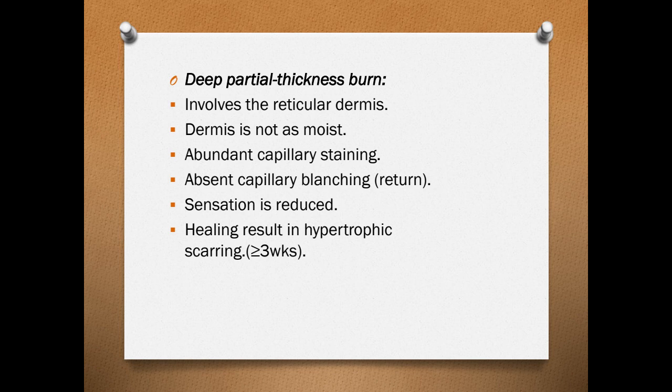And there is abnormal capillary staining due to thrombosis of blood inside the capillaries. Absent capillary blanching for the same reason, because the blood in the capillaries gets thrombosed, and that is why there is absence of the capillary blanching or capillary return.